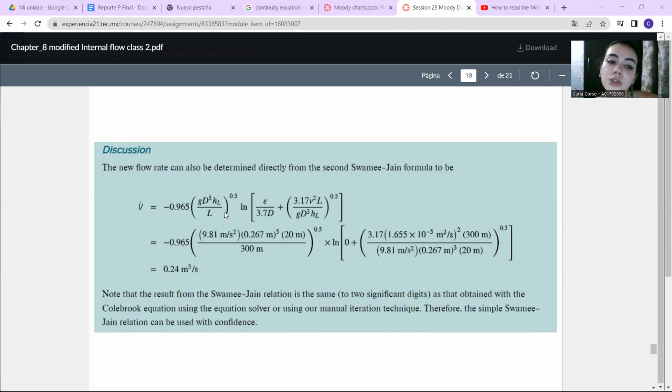We are going to substitute the values we calculated previously into the formula, and with this we can obtain the flow rate, which is going to be, for this example, 0.24 cubic meters per second. And that's all.